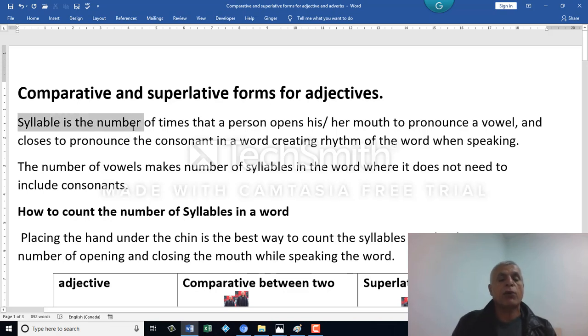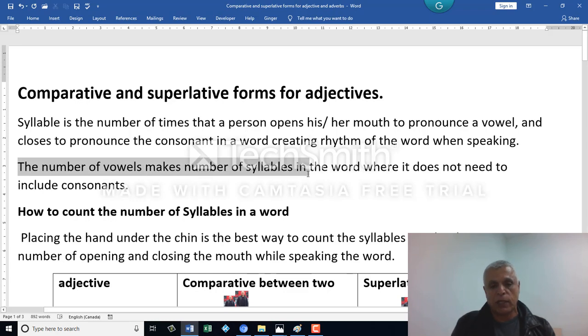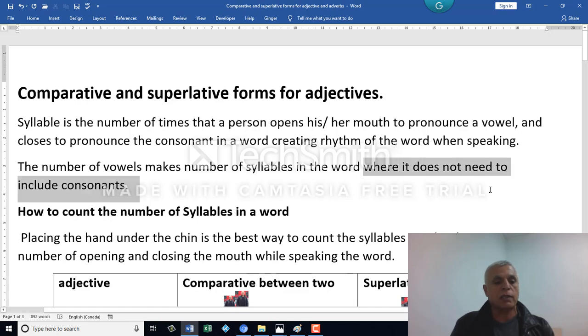A syllable is the number of times that a person opens his or her mouth to pronounce a vowel and closes it to pronounce the consonant in a word, creating a rhythm of the word when speaking. The number of vowels gives the number of syllables in the word, and it does not need to include consonants.